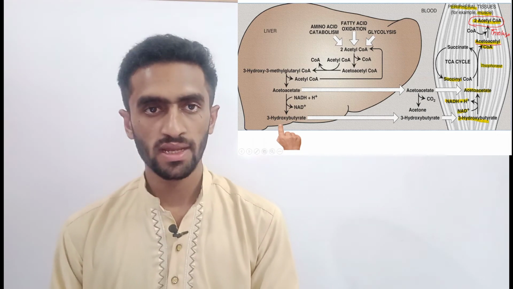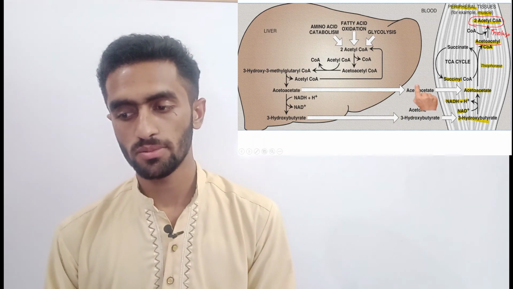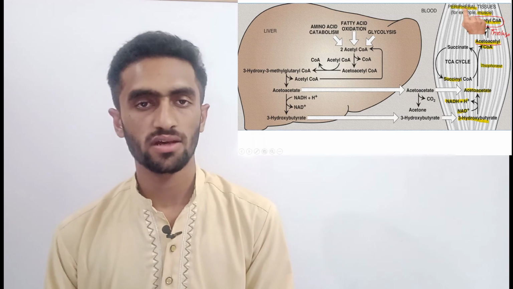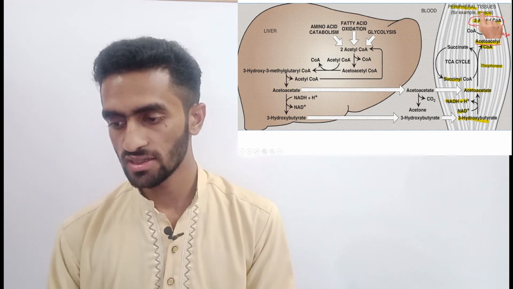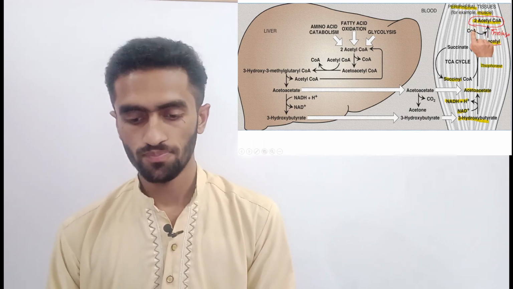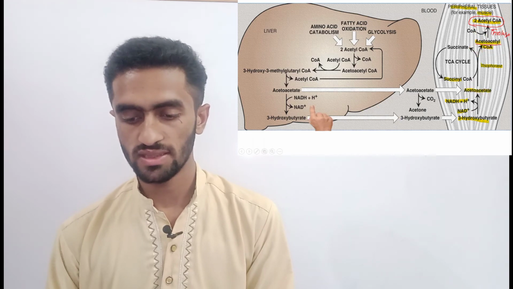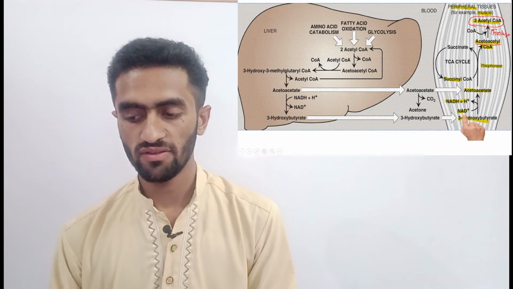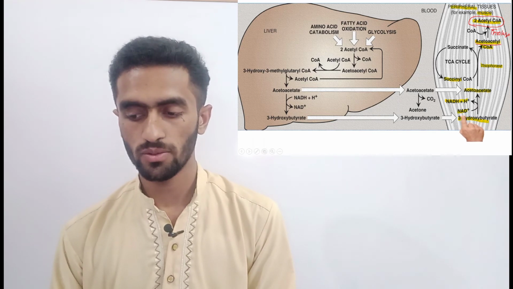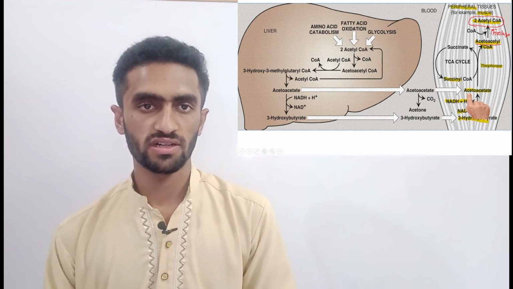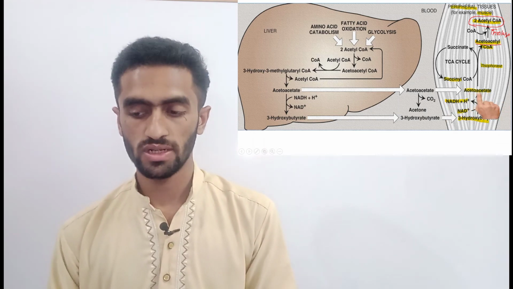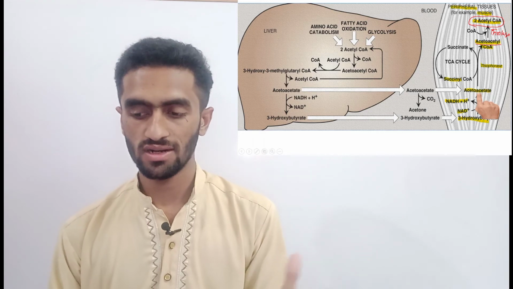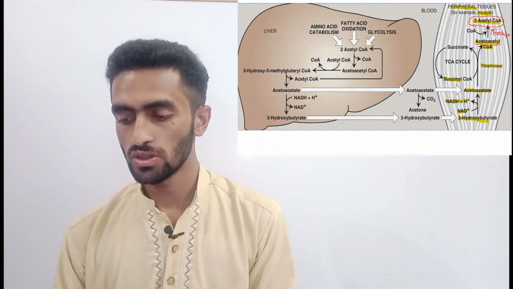They are utilized by extrahepatic tissue, which may be peripheral tissue like muscle, brain cells or other tissue. 3-hydroxybutyrate, by giving hydrogen to NAD, is converted into acetoacetate, which is reversible and reciprocal to our last step.